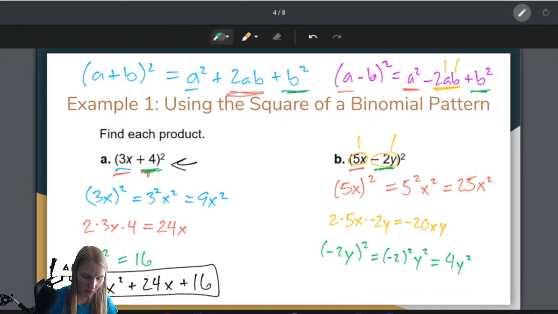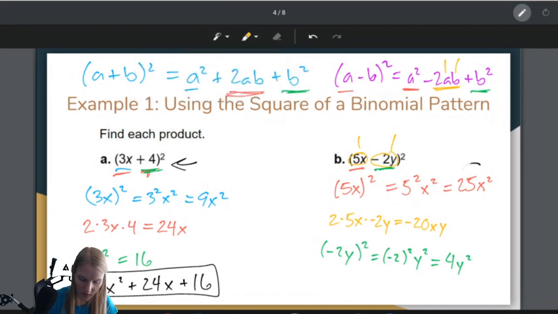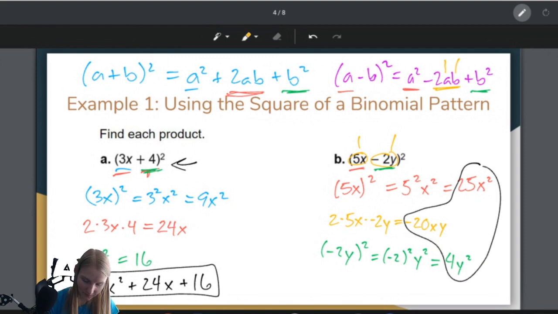Now, all we have to do is put all of these things together. So 25x squared minus. See, I told you the minus would come along for free. The minus right here, coming along for free.